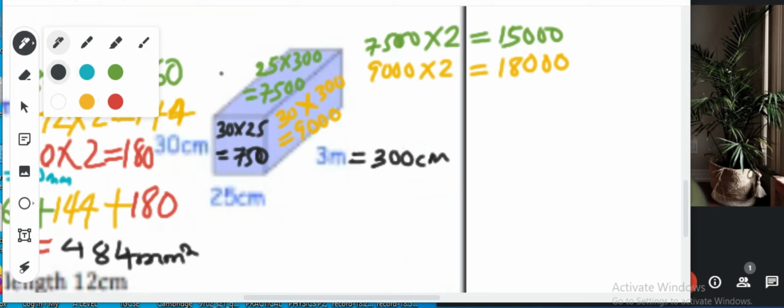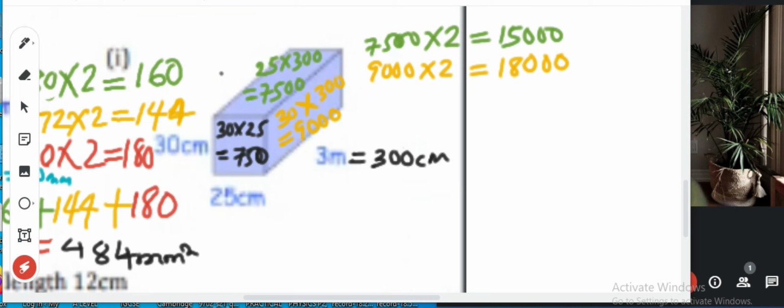Then we have this one in front, which also has another one at the back, times 2. So we have 750 times 2, which is equal to 1,500.